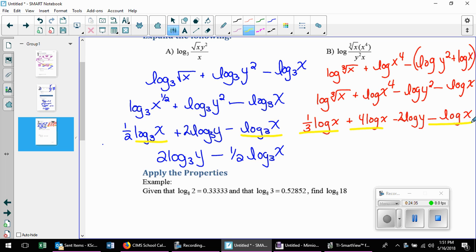If you don't have those brackets on there in that first line, it would be incorrect, because that would mean that you're adding 1, and really you're not adding 1 at that level. Okay, so this is 13 over 3, and then we're going to minus 3 over 3. So I'll go to positive 10 over 3 log x minus 2 log y.